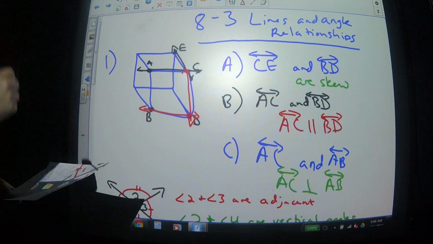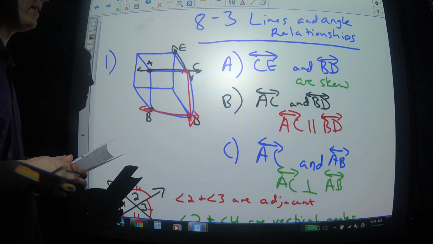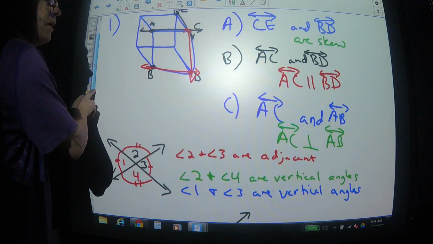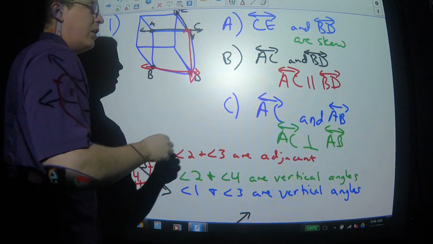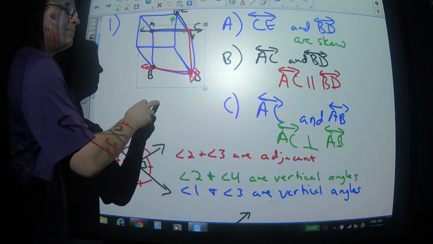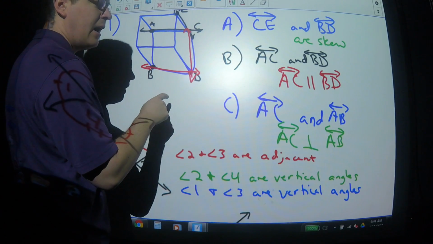If there are two lines that are not in the same plane and are not going to intersect, then they're known as skew. So, CE and BD, as I said, are skew. AC and BD are parallel.